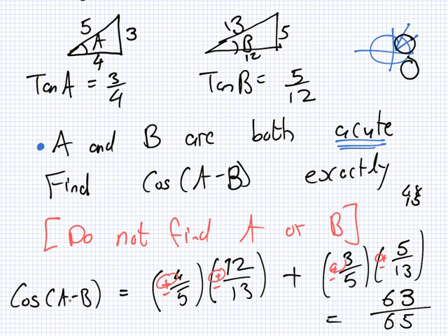Even though A and B are acute, if B was bigger than A, which it could be, then it would be negative, so it'd be in the fourth quadrant. But it's fine because the cos is still positive there. I could have easily done it the other way around. I could have just changed the question. Because all of these are positive, if I called this one B and this one A, you would get the same answer.